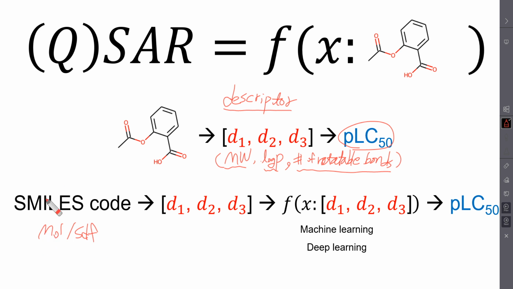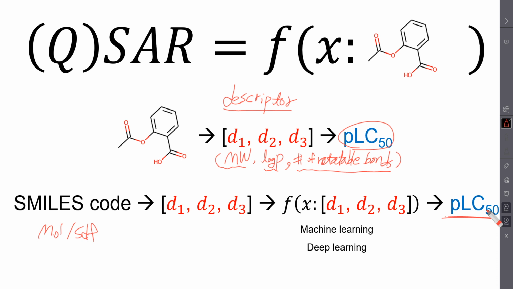These formats are used to calculate descriptors, and then the descriptor values are input to the model. It can be a machine learning or deep learning model, and it calculates the target value.